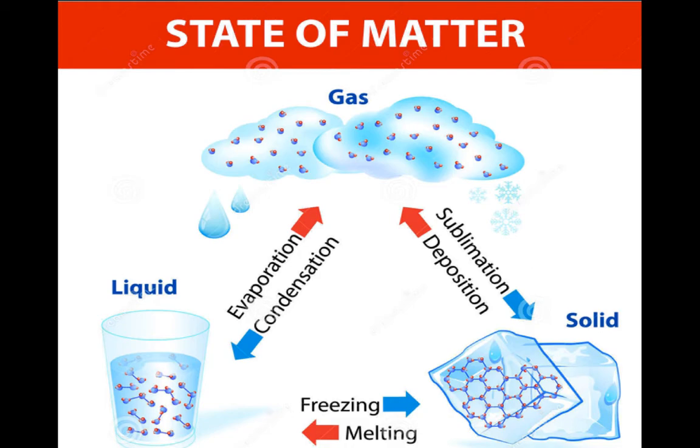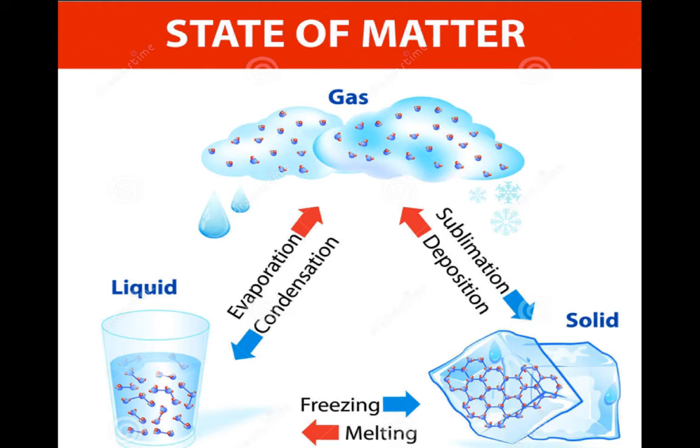The different states of matter. Well, there's solid, there's liquid, and there's gas. And water changes states of matter through different ways. When solids melt, they turn into liquid, and when liquids evaporate, they turn into gas.